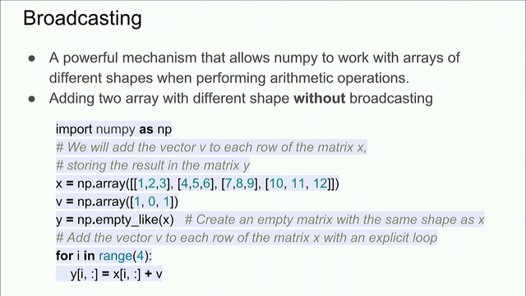Here we want to add vector V to every row of matrix X. So the naive way to do this is that we simply loop over the rows of matrix X, and we add this vector to each row of matrix X. So basically, you need to do a loop.